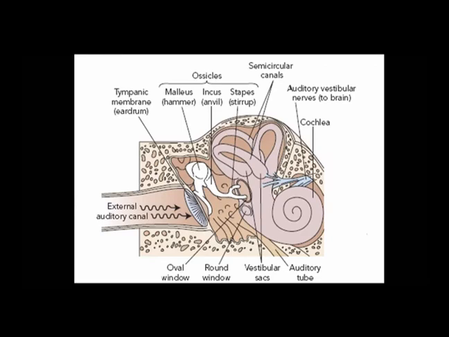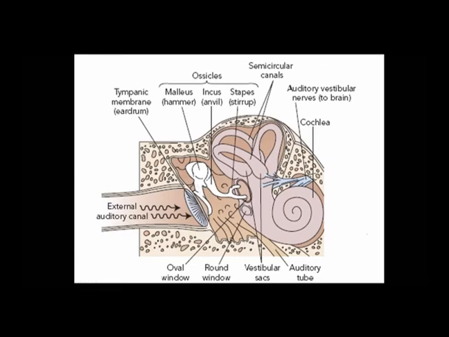So if we were doing a walkthrough of what structures a sound wave passes through as it enters the ear, we would say that it comes through the pinna, the outer ear, into the ear canal or the auditory canal. Those sound waves in the air are going to push against this tympanic membrane. They push against our eardrum and cause the eardrum to vibrate. And the vibrations of this membrane transfer over to our ossicles.